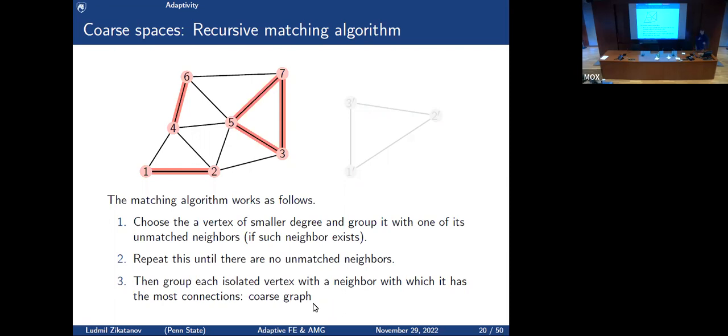Now if you want to think about functions, think about piecewise linear functions. Once we did the matching, the subspace corresponds to functions that have the same value on every matched pair. That means the value at vertex 1 is equal to the value at vertex 2. It doesn't have to be equal to any of the rest. And the value at vertex 4 is equal to the value at vertex 6 and so on.